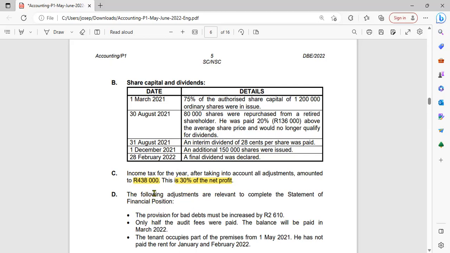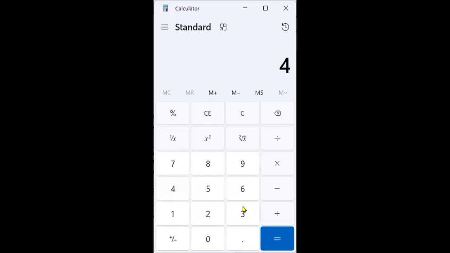So net profit before tax will always be 100%. The net profit after tax will depend on the percentage of income tax. So for now, we are going to say 438,000, then we multiply by 70, divide by 30.